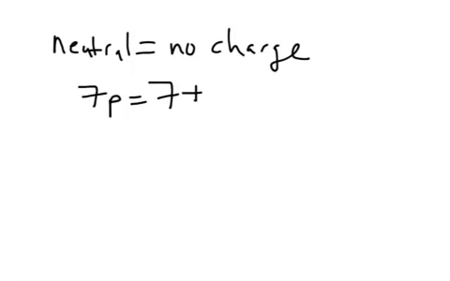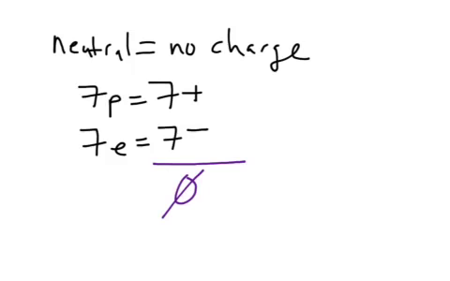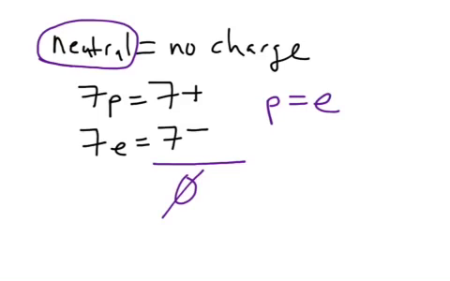And so to have no charge, it must also have 7 electrons, which would be like having 7 negative charges. And you can see if you add up these 7 plus charges and 7 negative charges, you're going to end up with no charge. And that's why we're saying that all neutral atoms are going to have the same number of protons as they do electrons. So the protons and the electrons will be exactly the same.